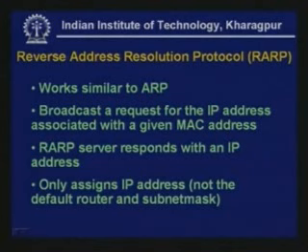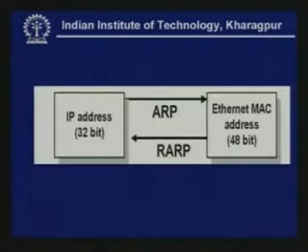This is just like ARP. The RARP server responds with an IP address. It only assigns the IP address, not the default router, subnet mask, and other things which are required; that is not a part of RARP. So, you have IP address to MAC address, that is ARP, and Ethernet MAC address to IP address, that is RARP.